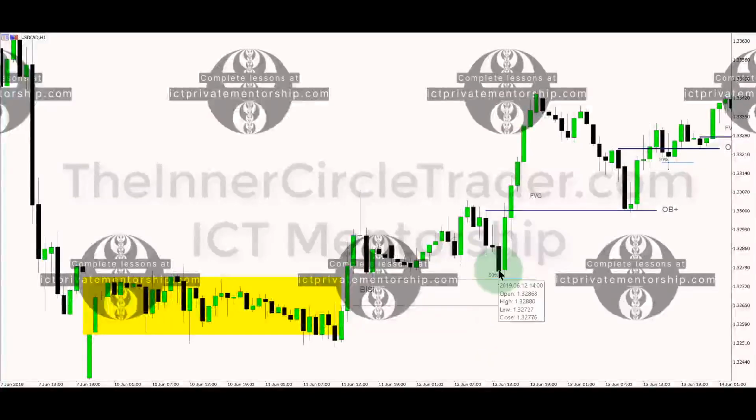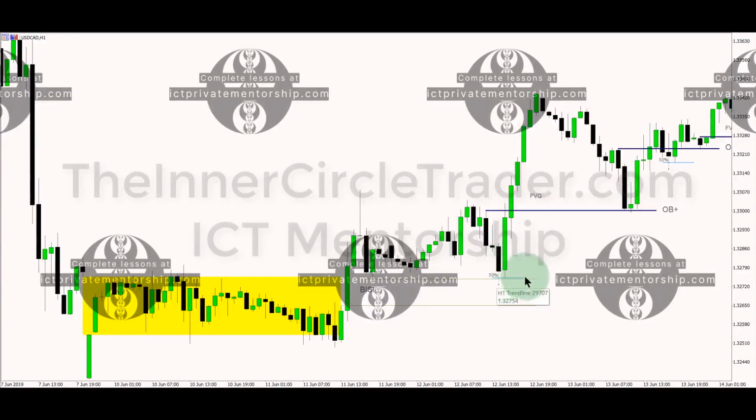So when price creates a wick like that, the reason why I also want to only use the external range demarkers on an hourly chart is it gives us time. If we're using it on a 5-minute chart, you really don't have the luxury many times to work within the concept, and you'll see what I mean in a moment. So as soon as this candle closes, we can see there's a wick there.